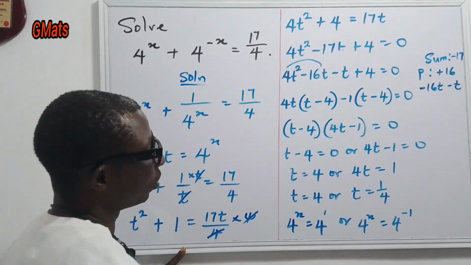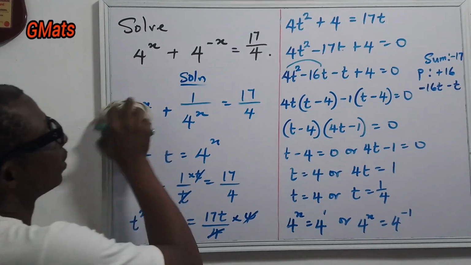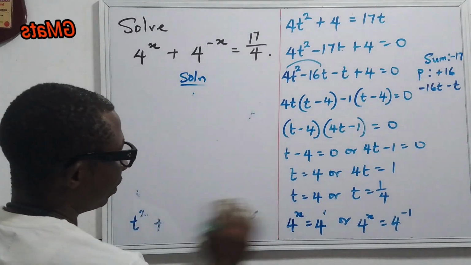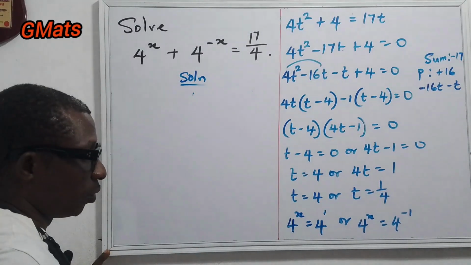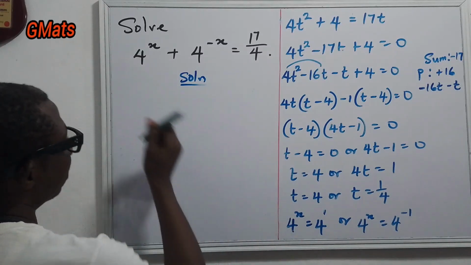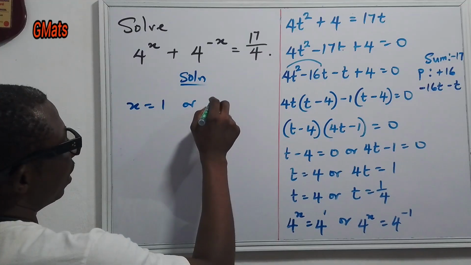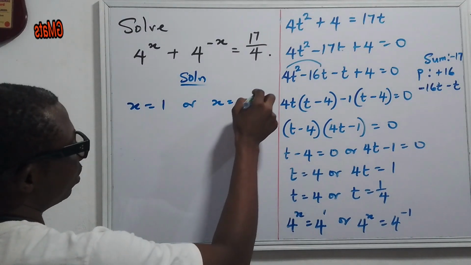From here, you equate the powers. Since we have the same base, we have x equals 1, or x equals negative 1.